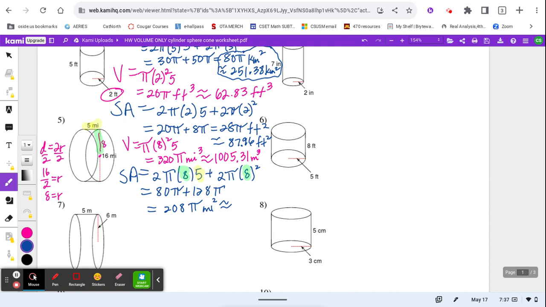And then 653.45 miles squared for the decimal answer.